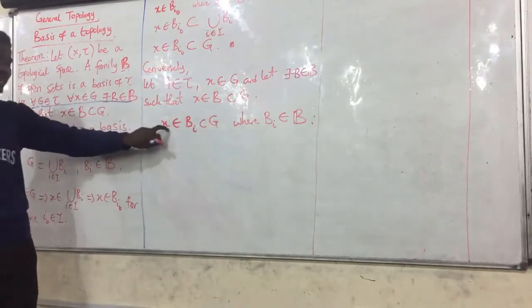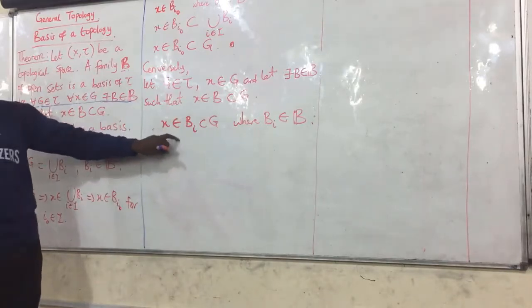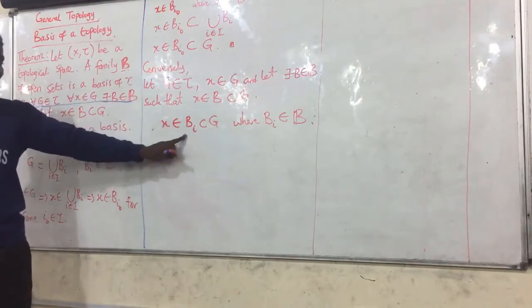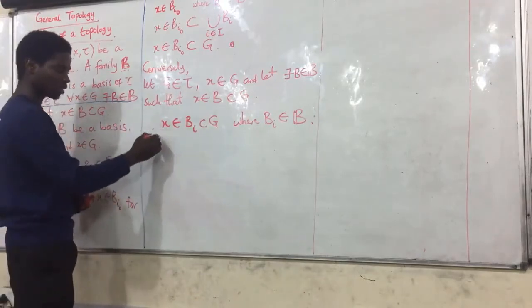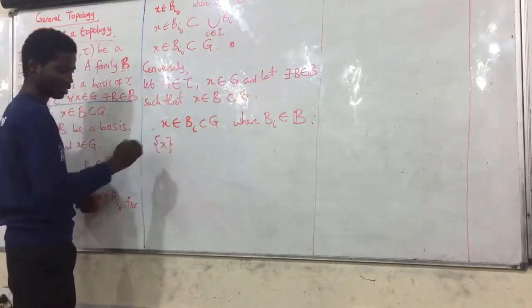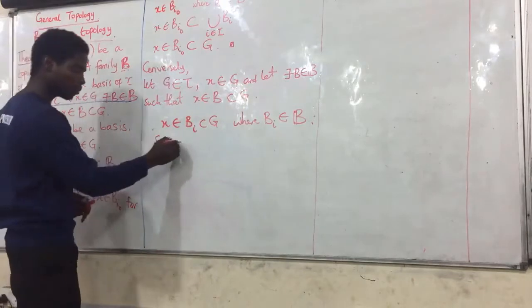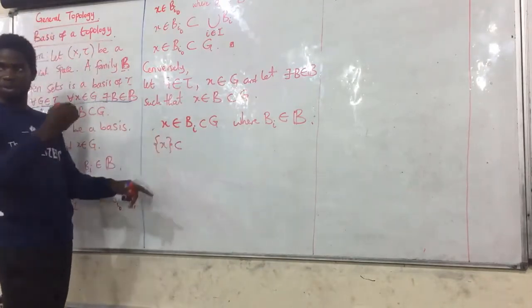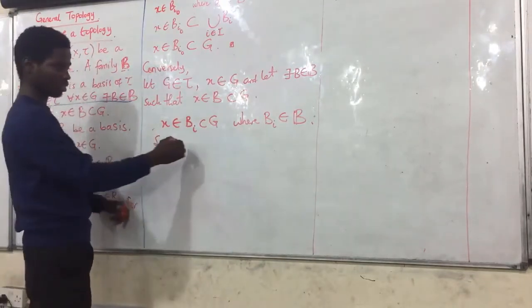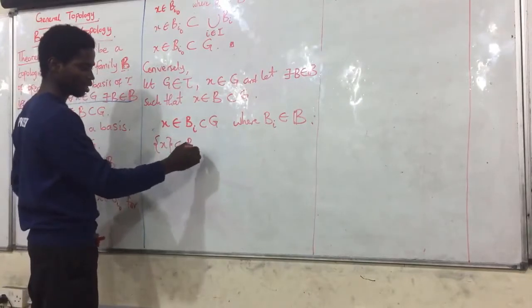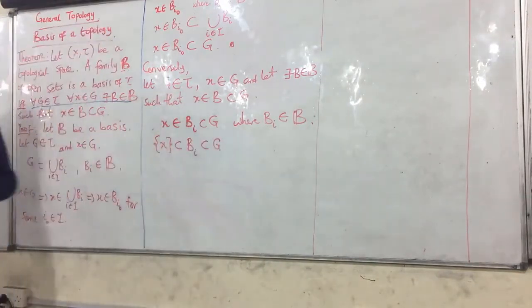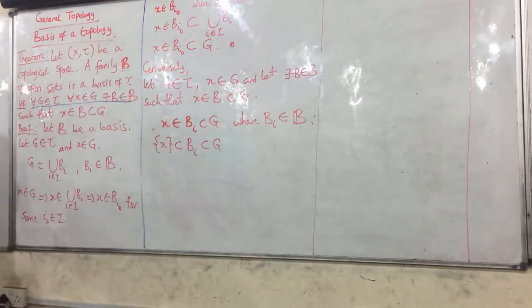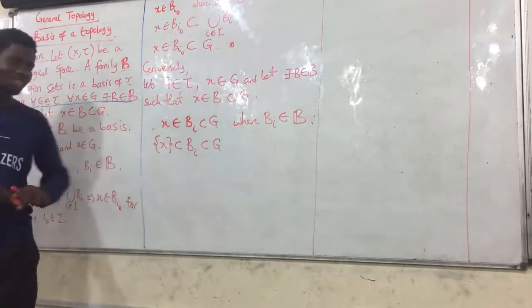Now, if I put this one as a set, this is an element of this set, and this one is inside G, right? If I put it as a set S, instead of member, it becomes subset of BI, right? Inside what? G. I will now take the union of everything.